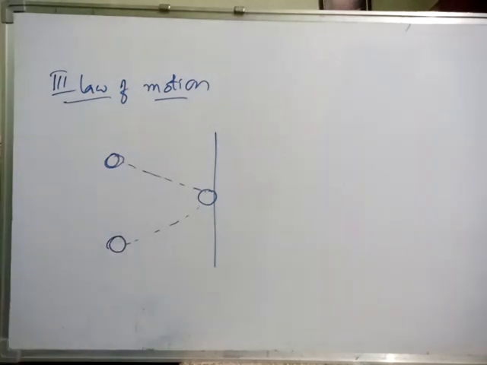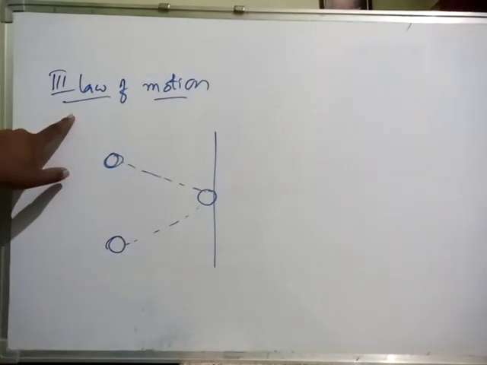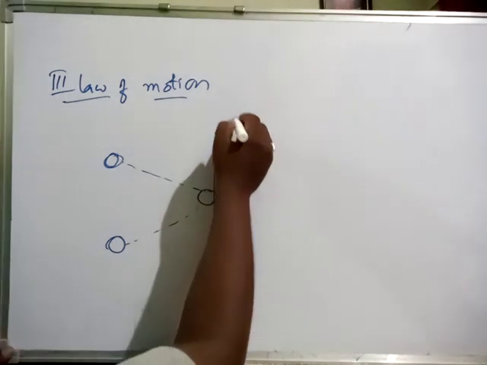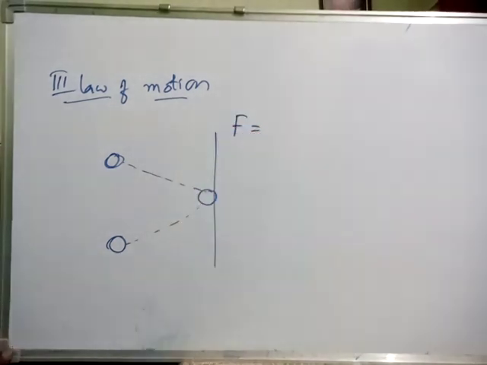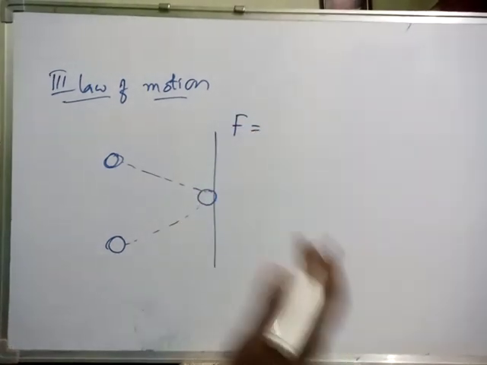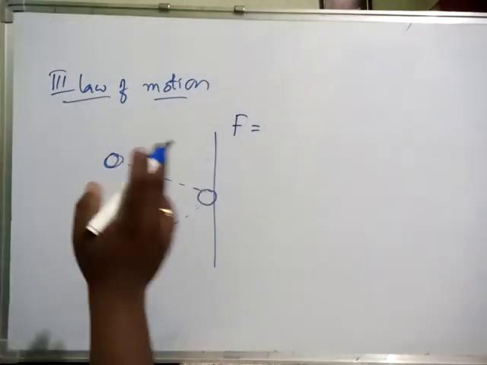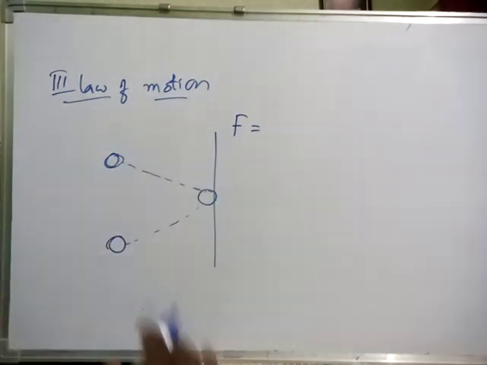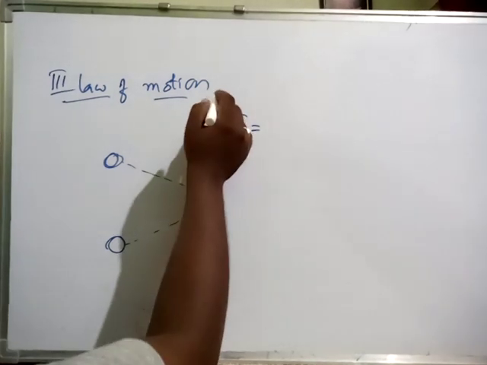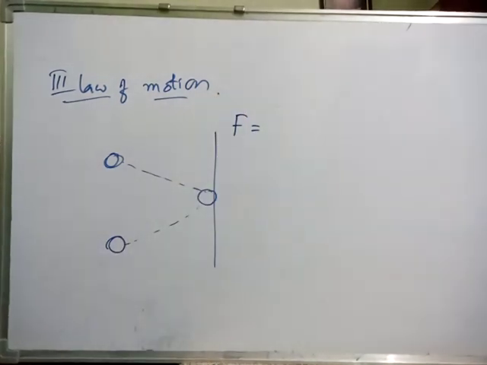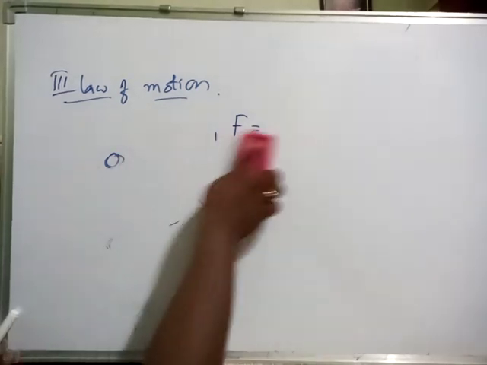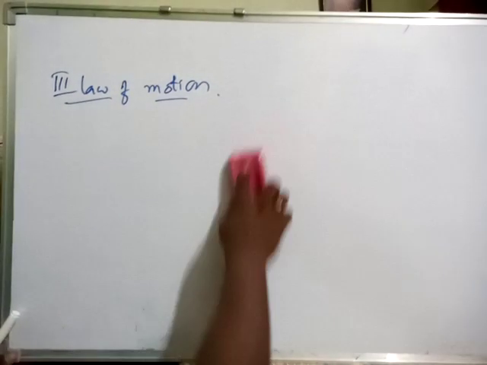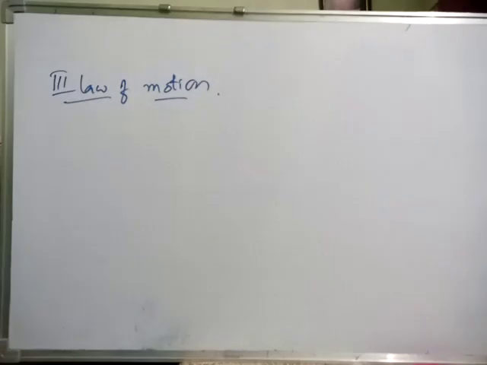Is it or not? So according to Newton's third law of motion, when force is applied on an object, an equal amount of force is exerted back. So based on that, Newton said that to every action there is an equal and opposite reaction.